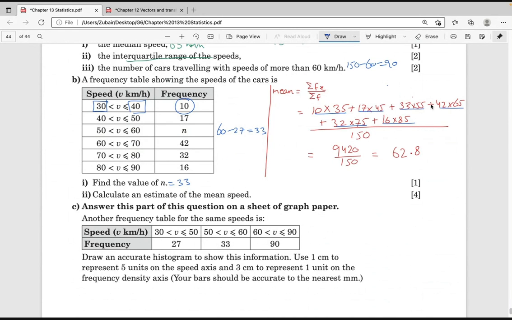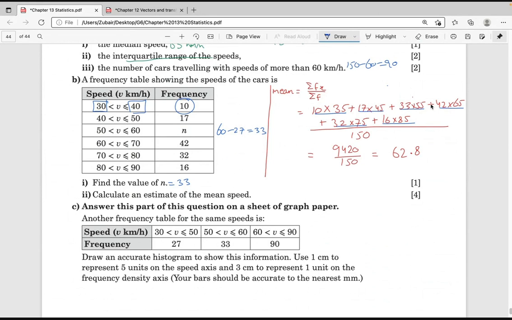10 times 35, 17 times 45, plus 10 plus 33, 55 plus 32, 65 plus 32, 75, 16.